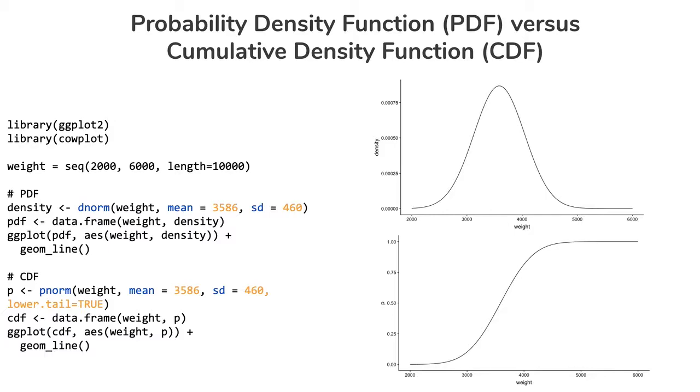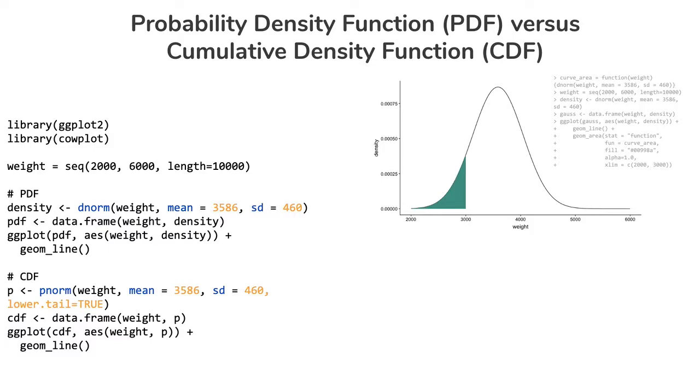A probability density function computes the relative probability for any particular value, whereas the cumulative distribution function computes the probability that all values are less than some particular value. So let's walk through an example.